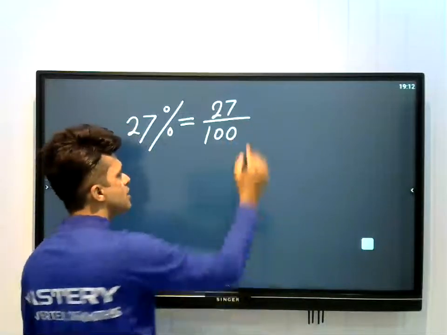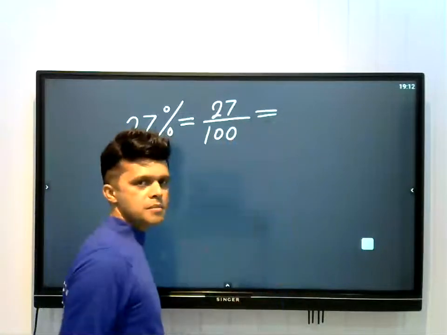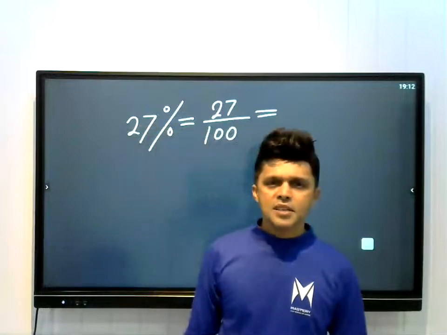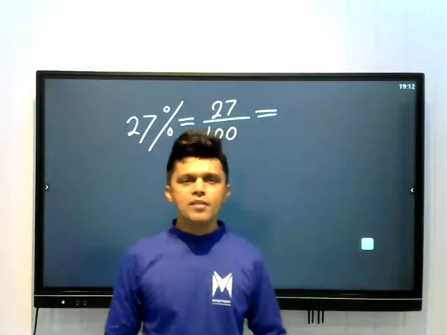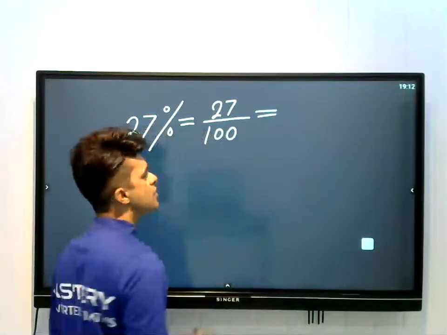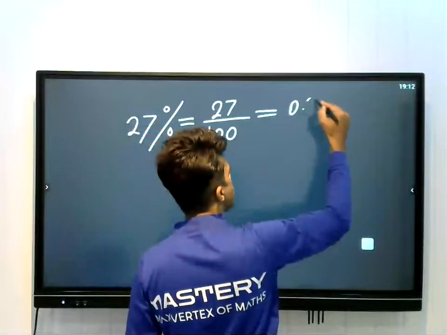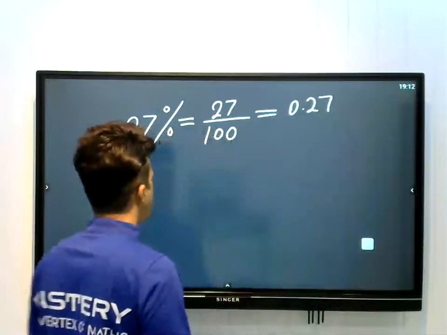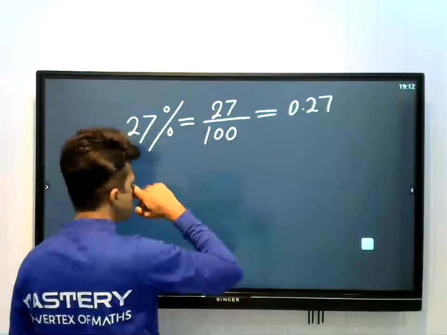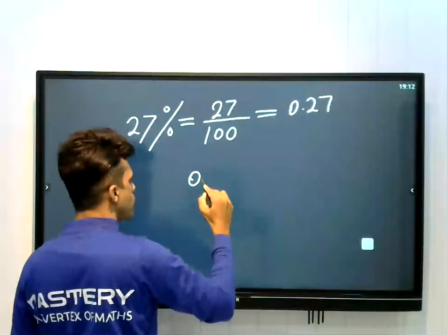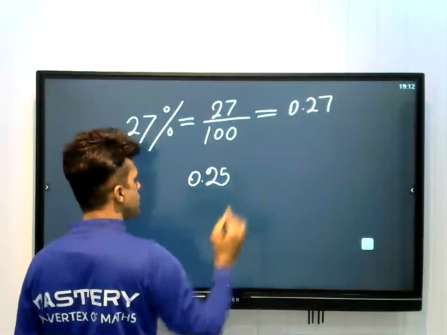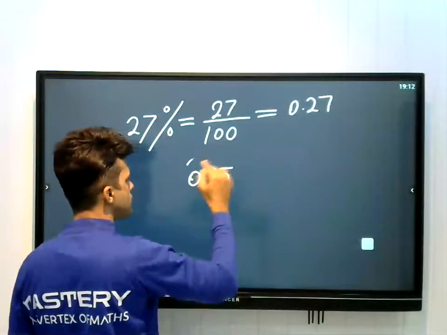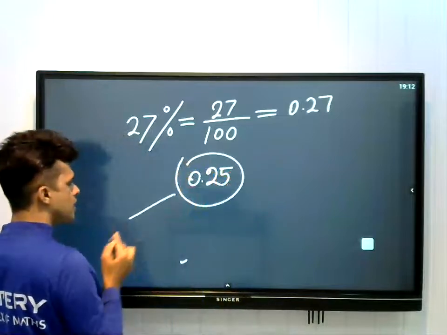We are able to write this fraction as a decimal number. Then what should be the answer? 27 over 100 means 0.27. Think of this one, 0.25. This is the decimal number.